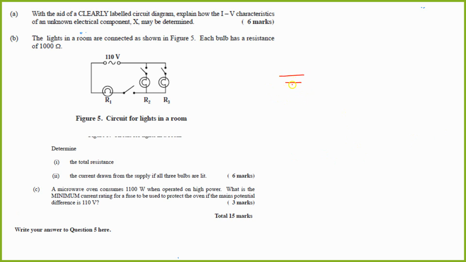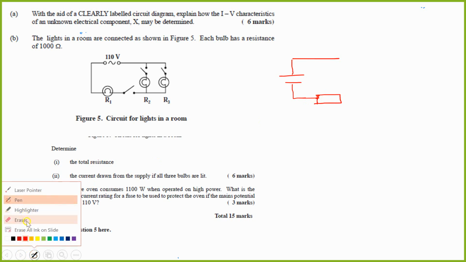So if you have a component, and you want to know how the component is behaving, you could build a simple circuit. And obviously, if you want to find the IV characteristics, then you would need to measure the current flowing through that electrical component, and you would need to know the voltage across it as well.